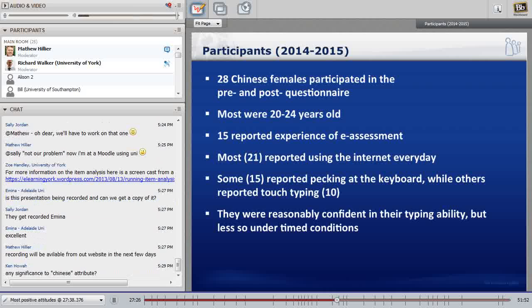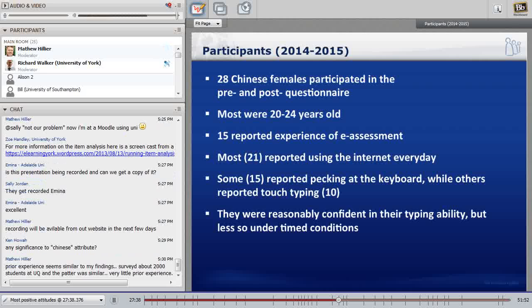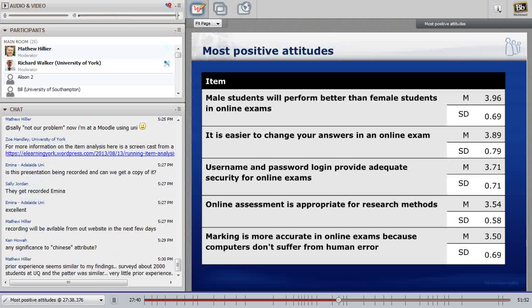Moving on to the actual data and what we found out about their experiences, the majority of students didn't really see any problems with equity issues.